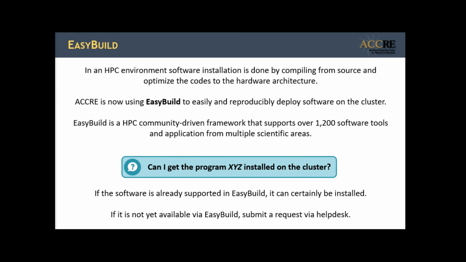We can take a look at it, and there is a good probability that we can easily install it on the cluster. If it's not yet available, at that point, please submit a help desk request, and we'll see what we can do, okay? Because at that point, it's a little more complicated.